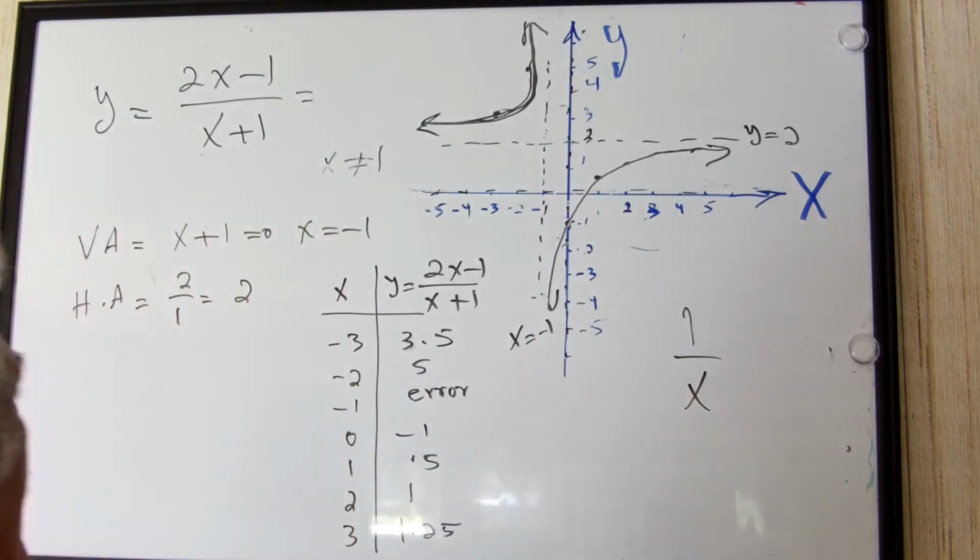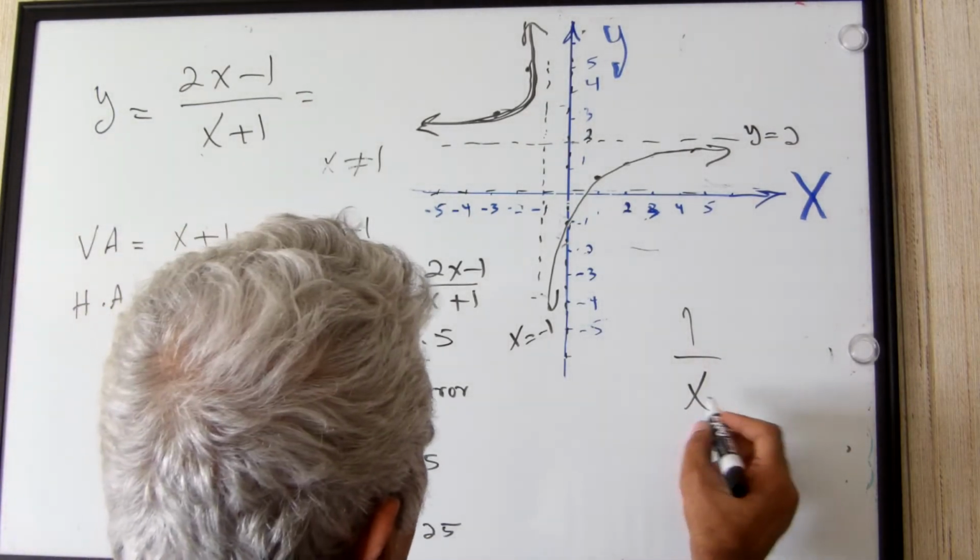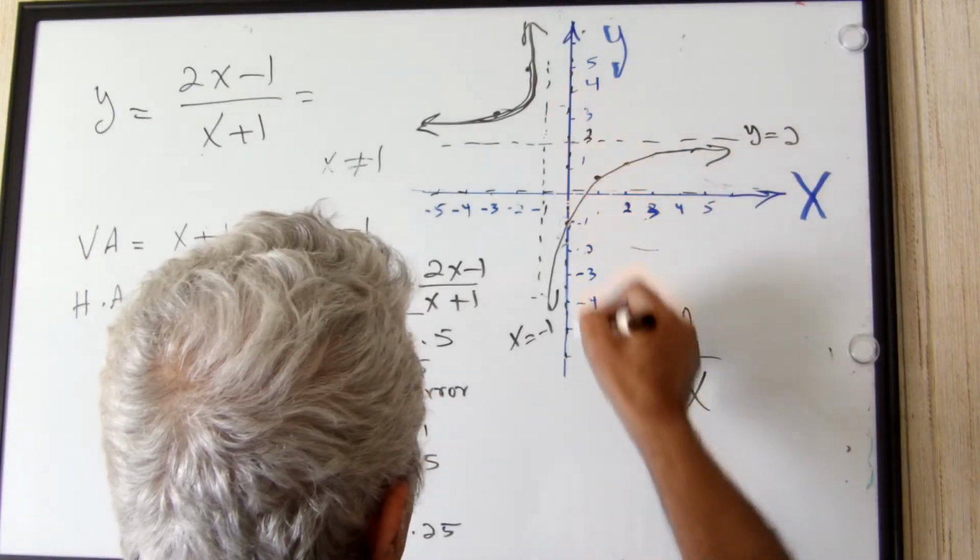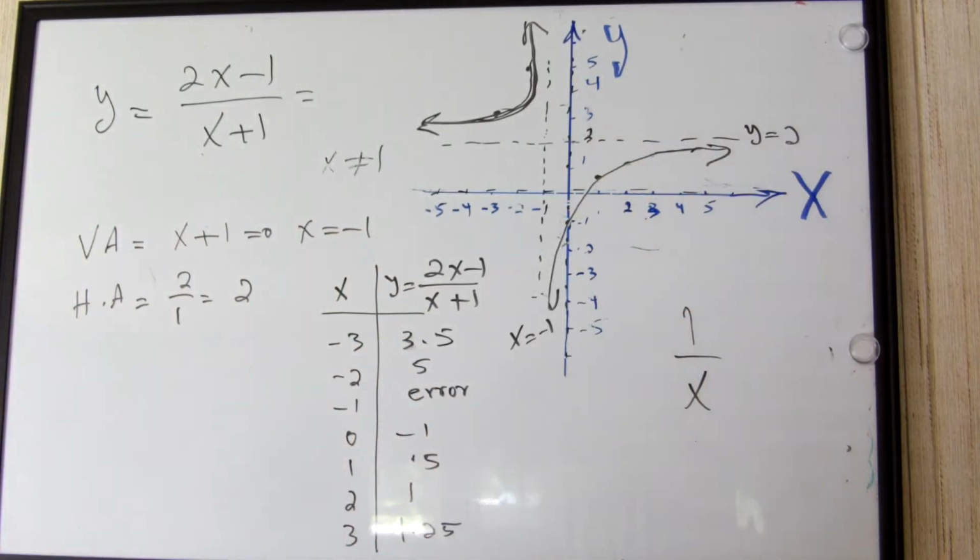Its horizontal asymptote and vertical asymptote are both 0, on top of the x and y axes. So that's the way to draw it.